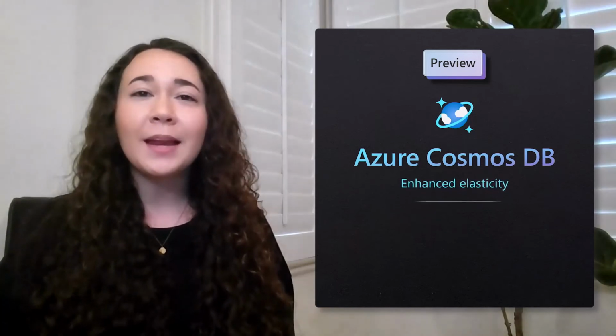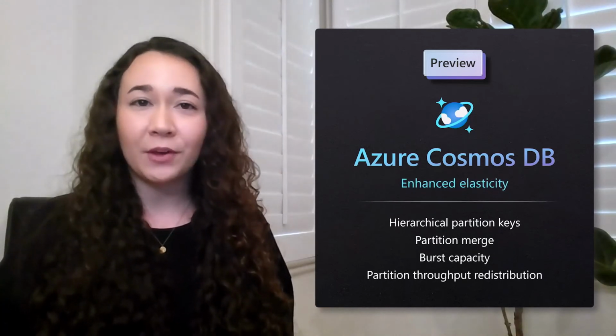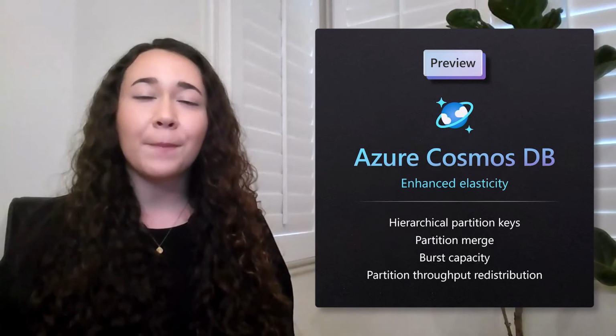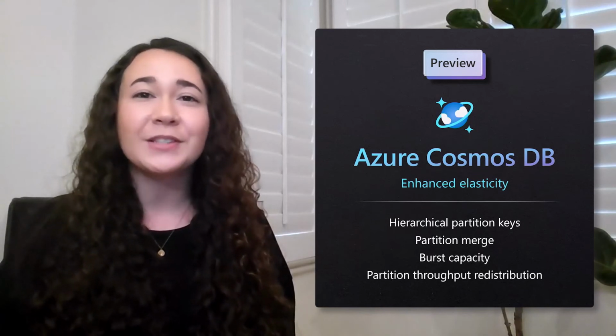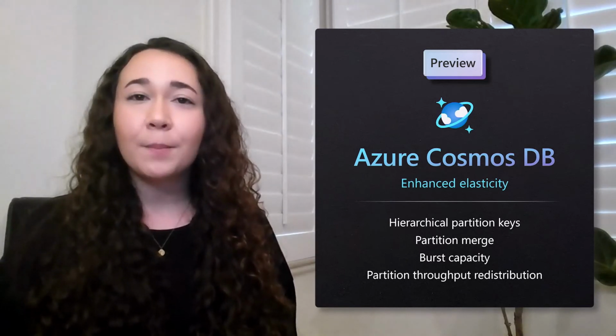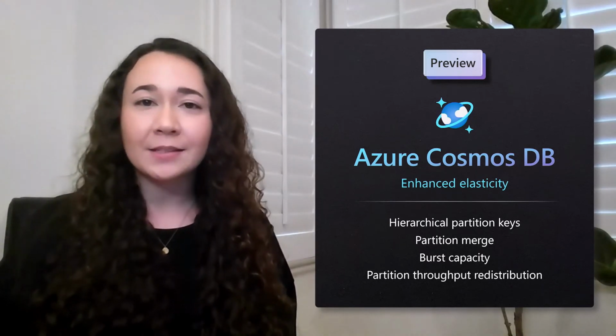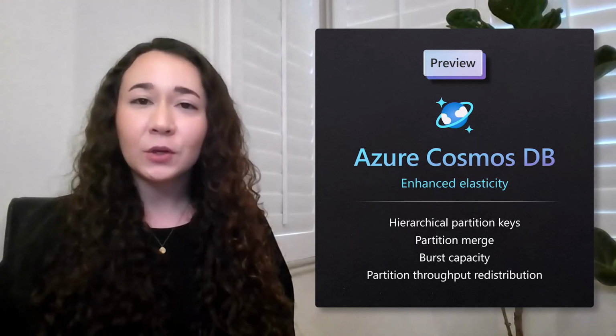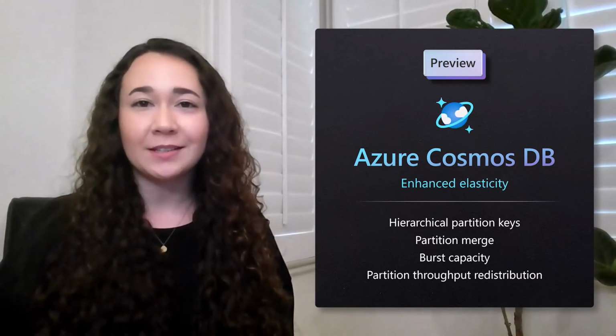There are also many new elasticity improvements in preview that will help you achieve the best database performance for workloads of any scale, including hierarchical partition keys, partition merge, burst capacity, and the ability to fine-tune RUs across your partitions.